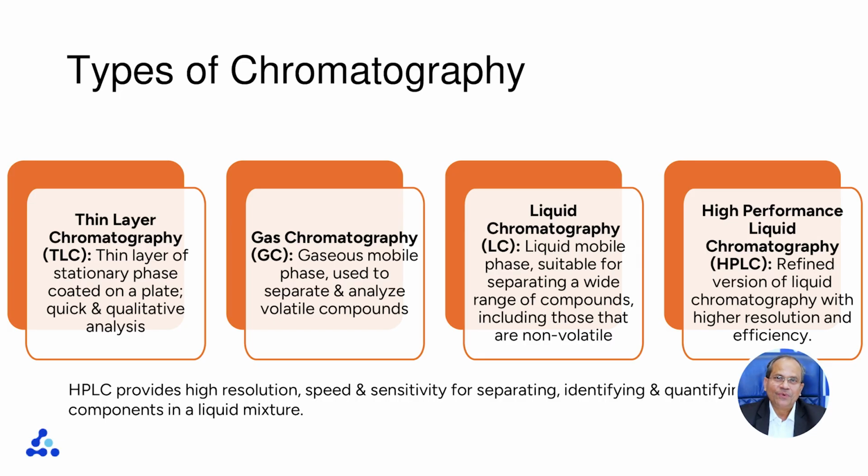The most known form we use is high performance liquid chromatography or HPLC, which is the refined version of liquid chromatography that offers high resolution, speed and sensitivity for separating, identifying and quantifying the components of a liquid mixture.